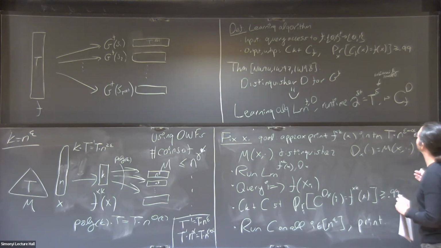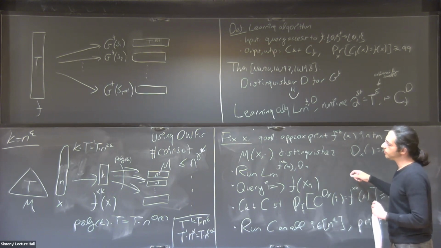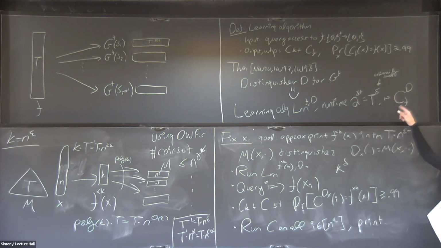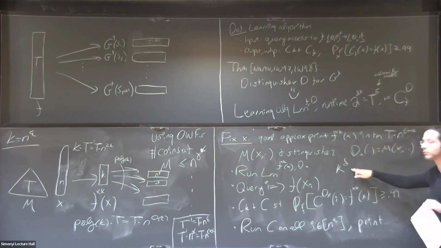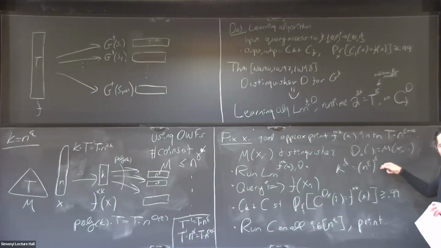So, how much time does the learning algorithm use? Well, it uses time k to the delta. Delta is that thing over here. I don't want everyone to focus too much on this parameter. It's as small as we want. So this is n to the epsilon to the something that can be as small as we want.